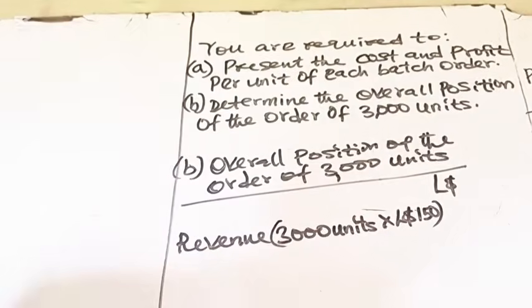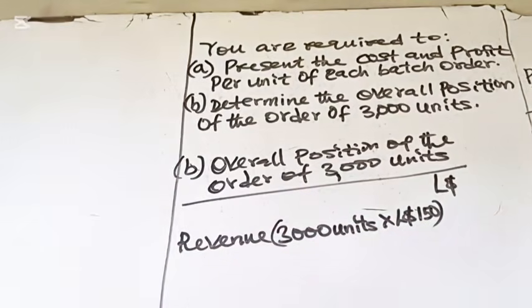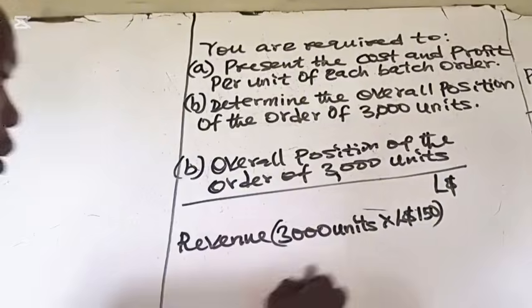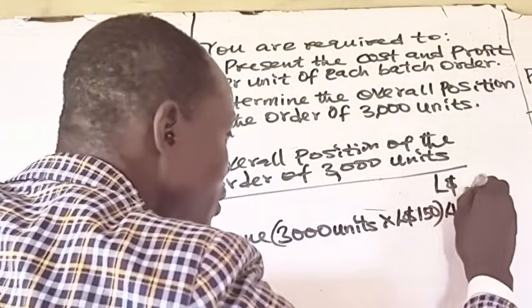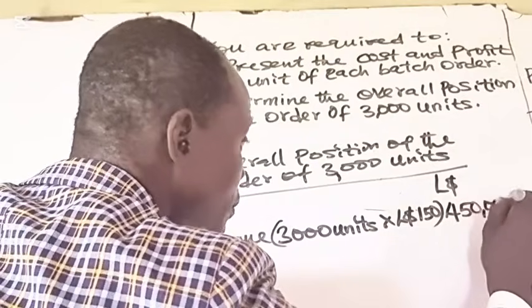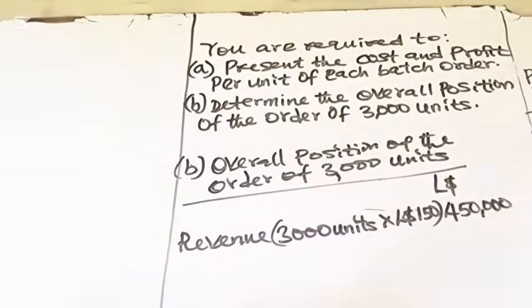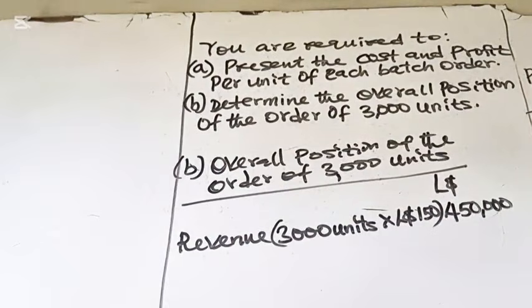That gives us 3,000 times 150, that gives us 450,000 Liberian dollar. Now from revenue, you less the total cost.